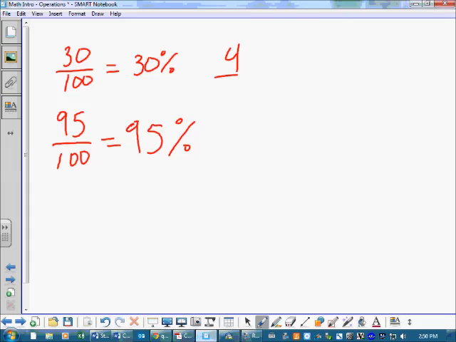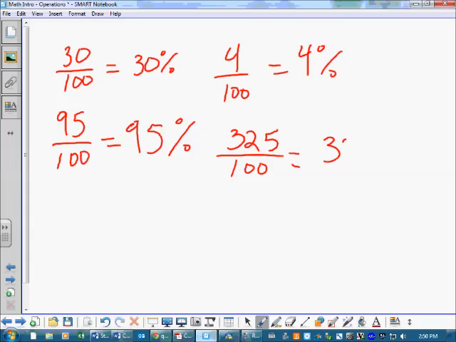If we have 4 out of 100, that equals 4%. If we have 325 out of 100, that is 325%. You betcha. Okay, so it's all out of 100.